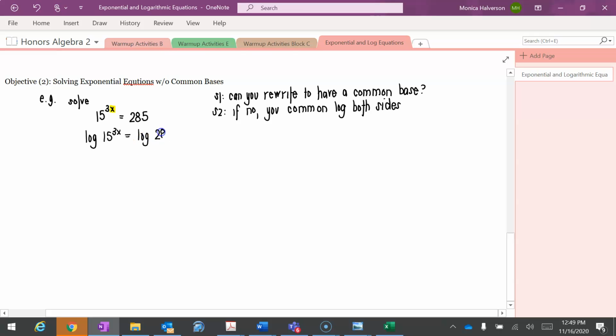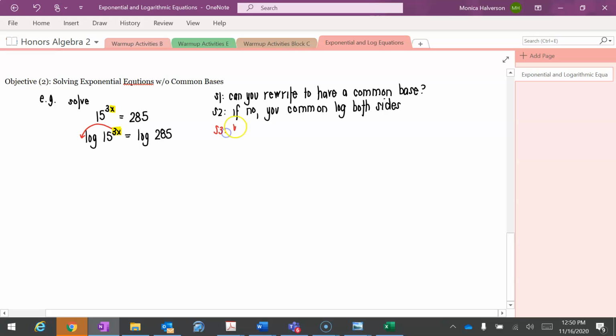equals log 285. Now, because we have a logarithm, we could use our property of logs, and we can move our exponent into coefficient form.